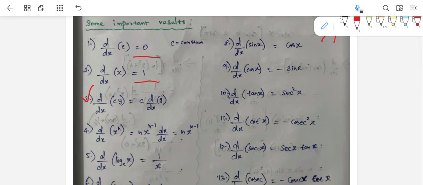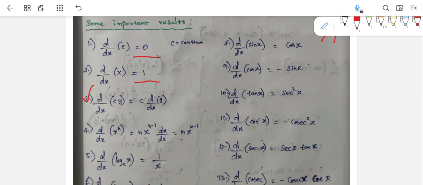So here, is the derivative of the constant times y 0? No, it's not, because here the constant is multiplied with some other function, some other expression, some other quantity y. Only if you have just a constant can you put 0.